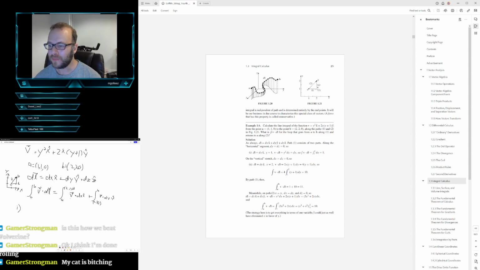So, first part. We have v dotted into x and only x, so this term becomes 0.